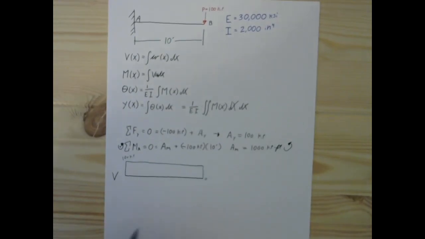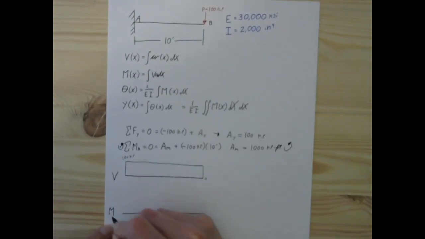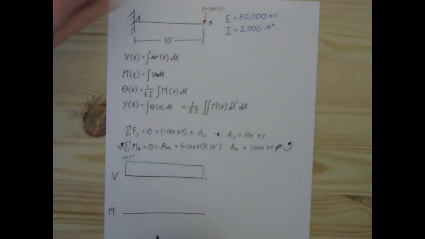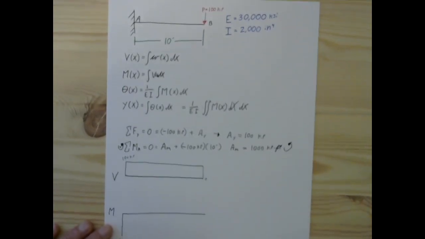Now let's do our moment. Our moment is going to start at negative 1,000 kip feet.